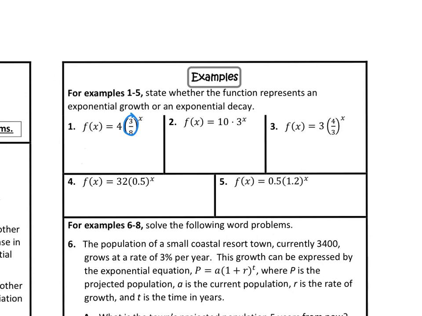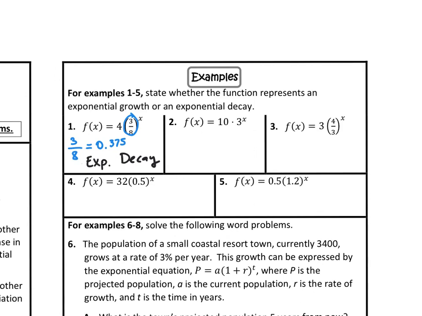And can anyone tell me, is 3 over 8 less than 1 or greater than 1? Let's see. 3 over 8 is equal to 0.375, and that is definitely in between 0 and 1. So it's between 0 and 1, so we have an exponential decay. We have an exponential decay because the base is between 0 and 1.